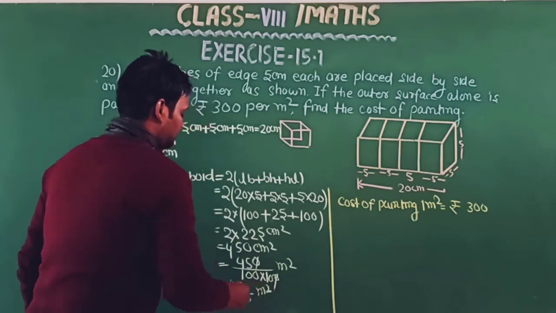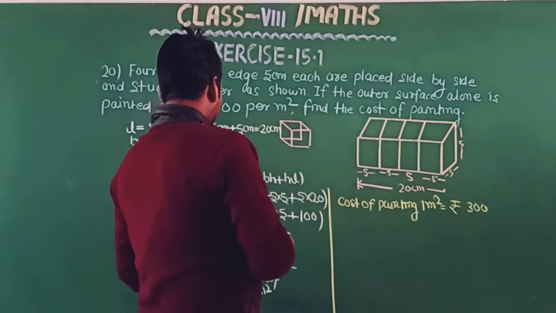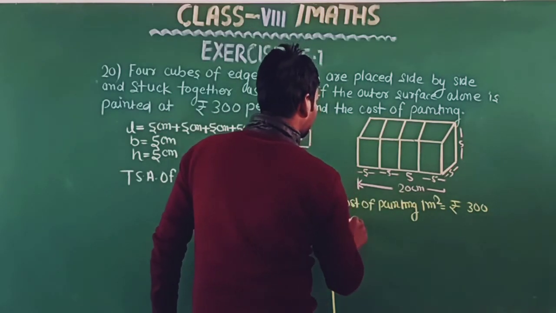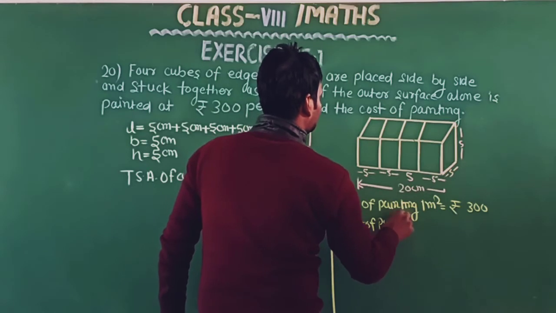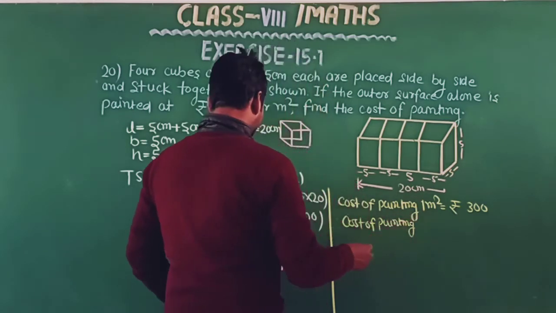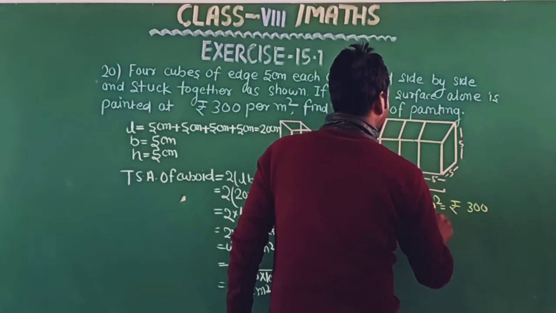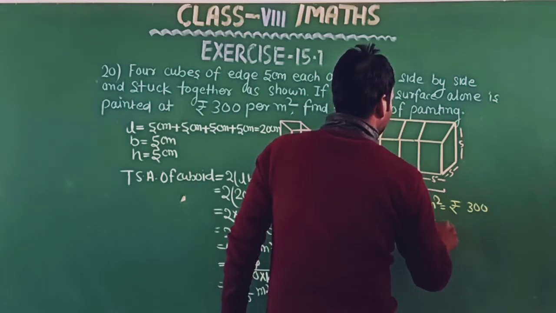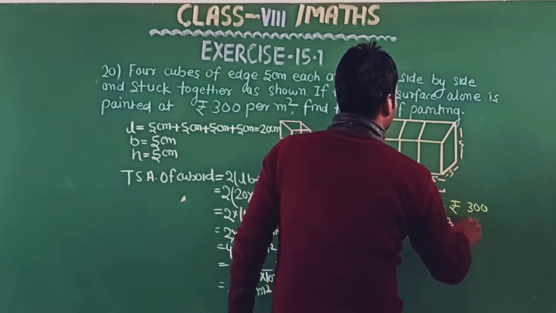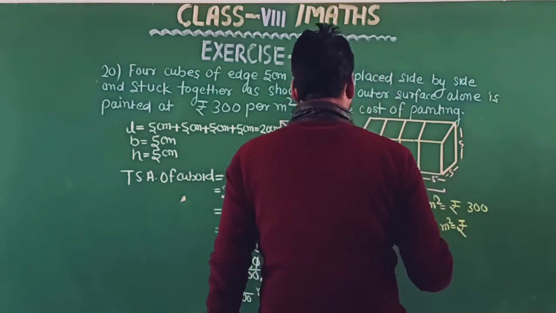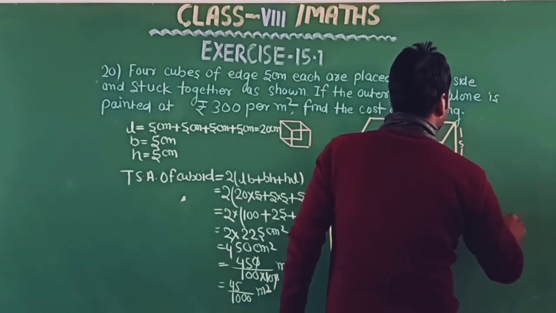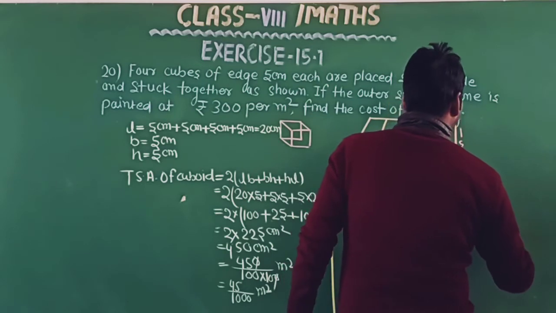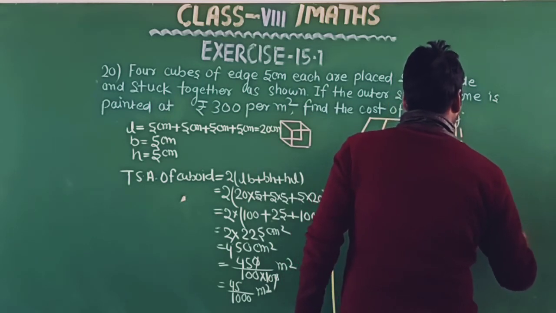So therefore the cost of painting 45 upon 10 meter square, that is 450 upon 10000 meter square, equals 300 into 45 upon 10.